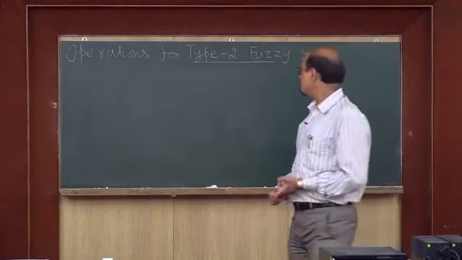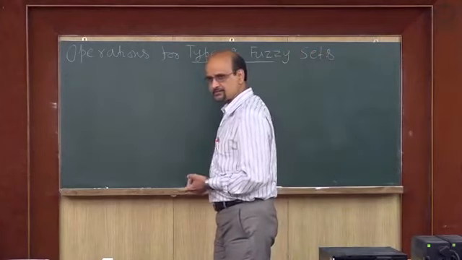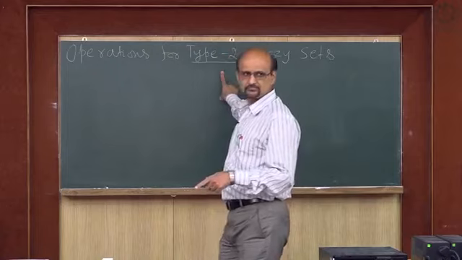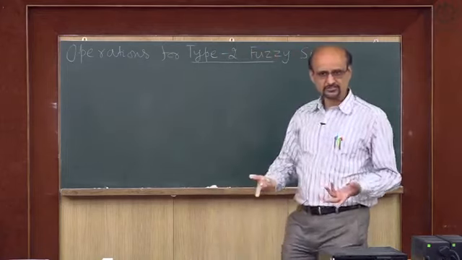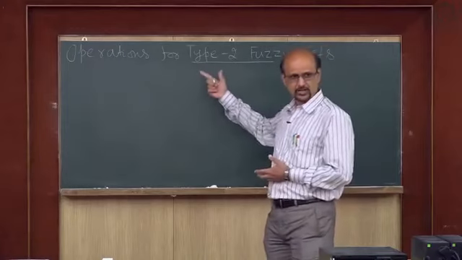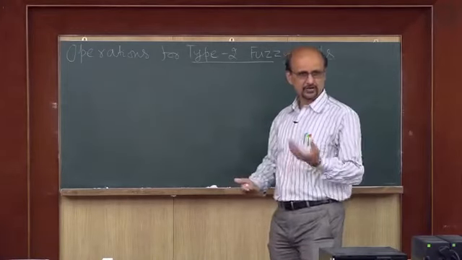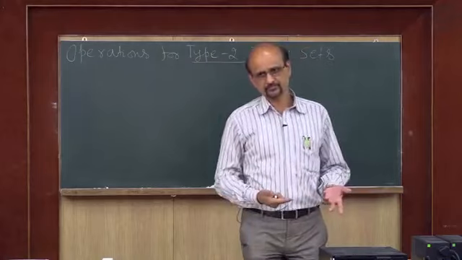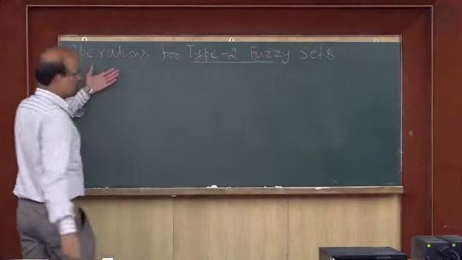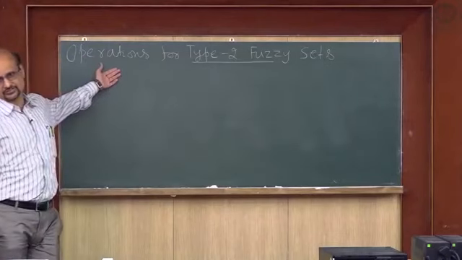And we know that a set is a type 2 fuzzy set when its membership function is a type 1 fuzzy set. Then we also define a type M fuzzy set, so that its membership function is of type M minus 1. With this we will define some operations, namely union and intersection.